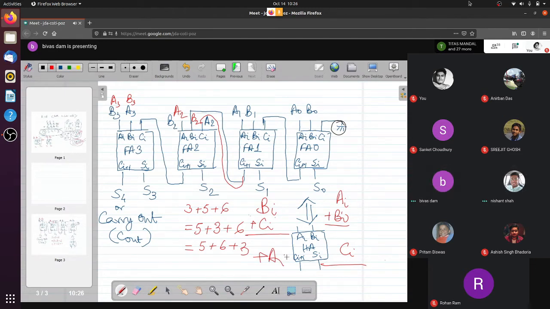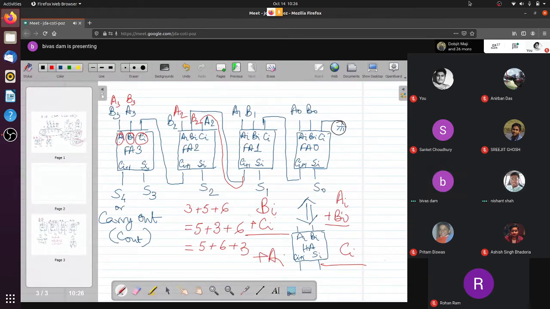So how does it matter whether A1 is going to AI or BI or CI? Ultimately, whatever input is in AI, with that you are adding the value of BI, and with that you are adding the value of CI. So whether A2 comes in AI or B2 comes in AI or C2 comes in AI does not absolutely matter.